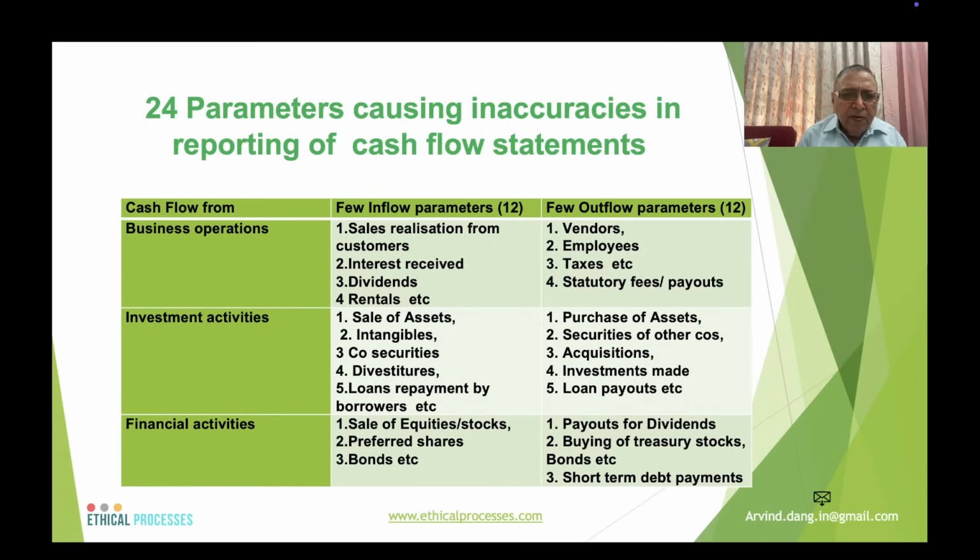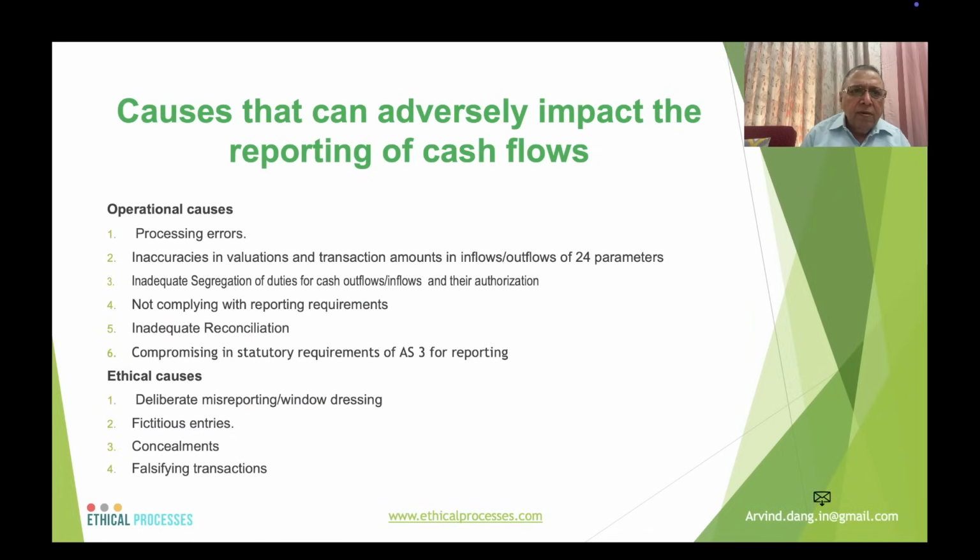Financial activities are 3: sale of equity stocks, preferred shares, and bonds. Inflows come through these. And outflows are payout of dividends, buying of treasury stocks, bonds, and short-term debt parameters. These are the important parameters which influence cash flows overall. Causes that can adversely impact the reporting of cash flows.